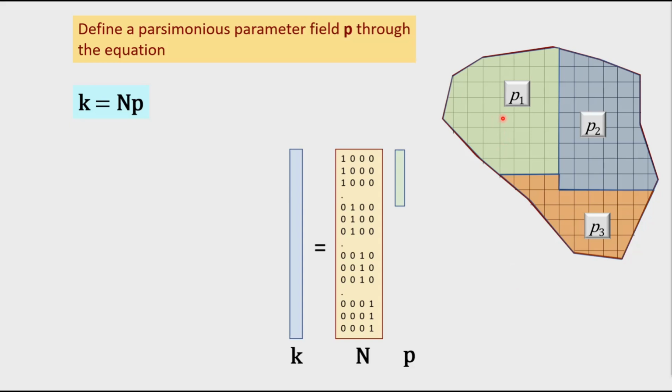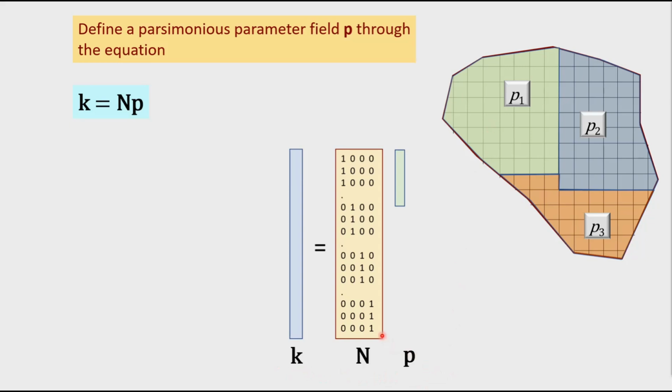So the situation we set up, described by this relationship here, is simply that the value I assign to each element of K is that assigned to the element of P which pertains to the zone in which the element of K lies. That simple relationship is expressed through this matrix equation.